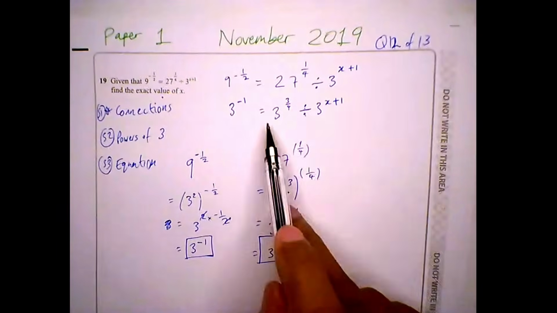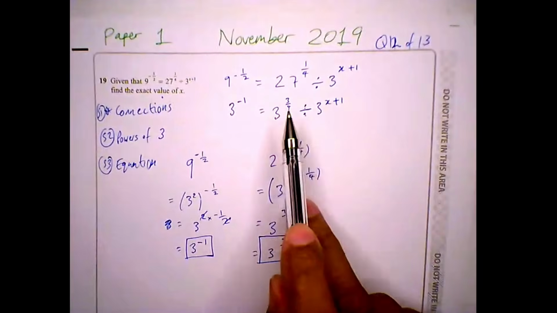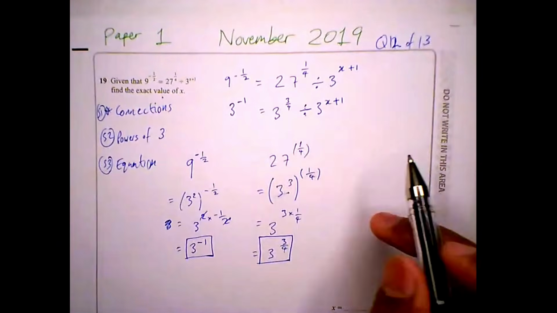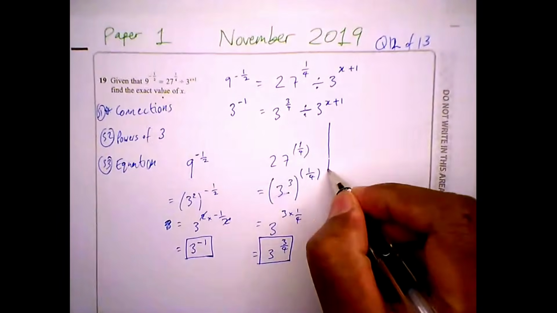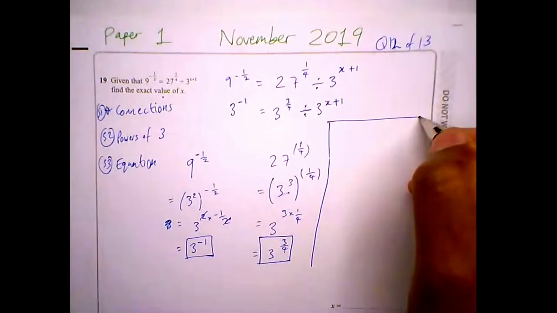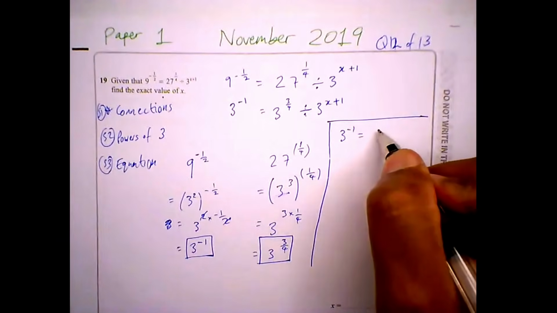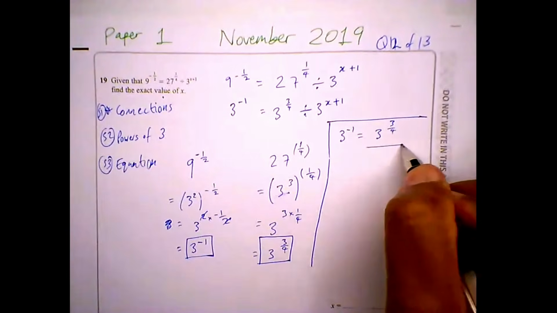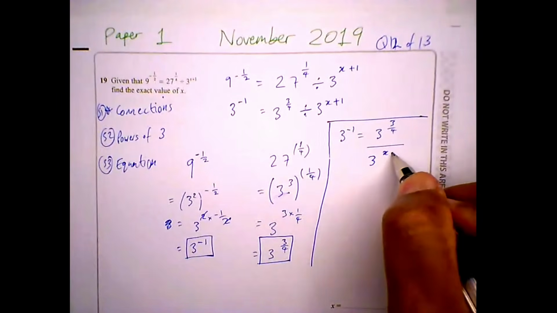Okay, so just to make it more eye-friendly to me, I'm going to put this as a fraction. So I am going to need more space. My spacing hasn't been perfect on this occasion. I'm just going to rewrite this as 3 to the power minus a half equals 3 to the power 3 over 4 all over 3 to the power x plus 1.